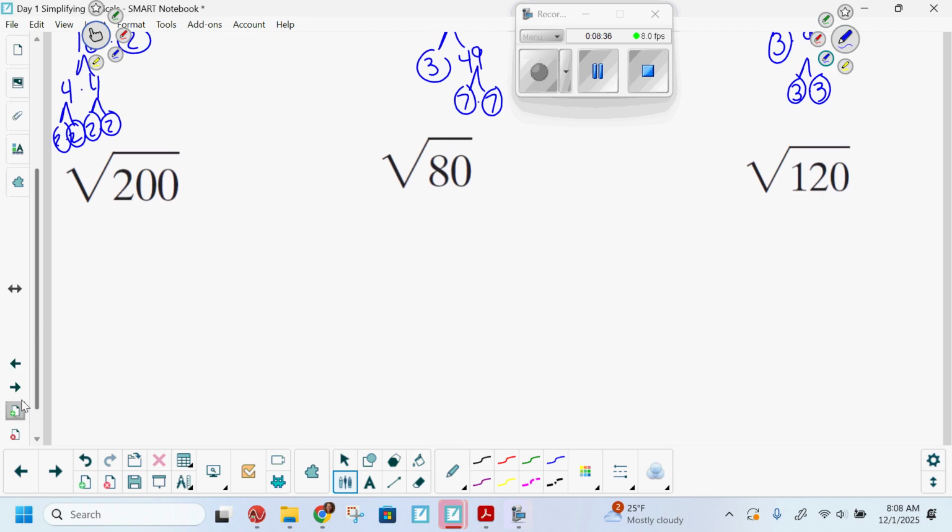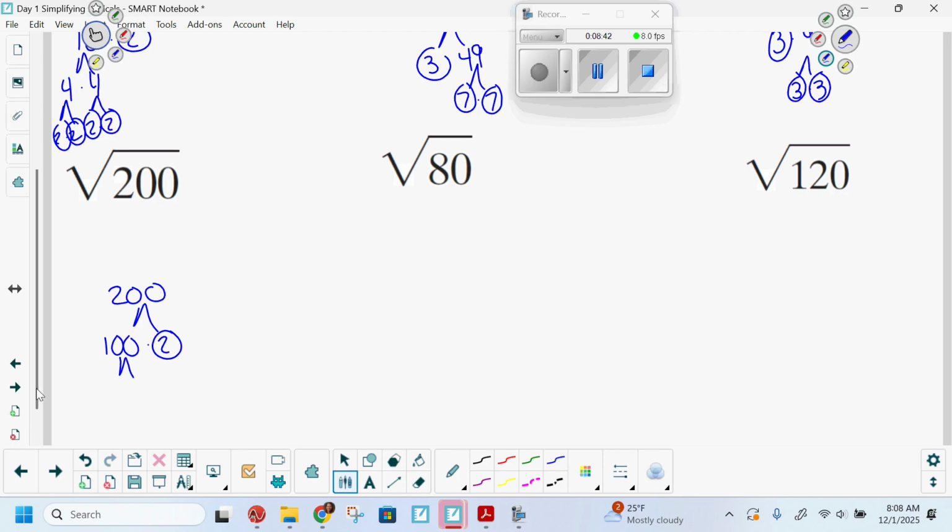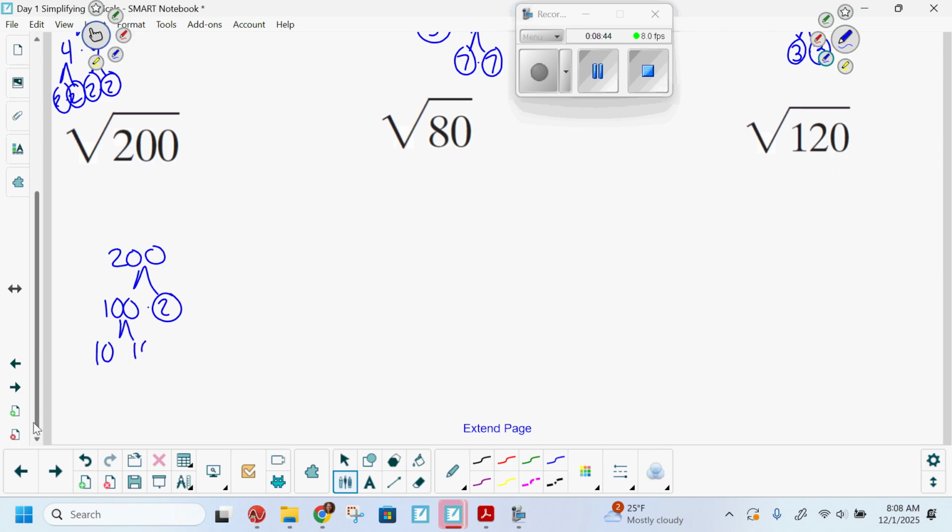Let's see, 200. I'm going to break down into 100 times 2. And then maybe 10 times 10. And then 5 times 2. And 5 times 2. So when I do my square root here, I've got 5 squared. There's 2 5s. And then I've got 2 to the third, but I'm going to write squared and then times 2. So out comes a 5, out comes a 2.